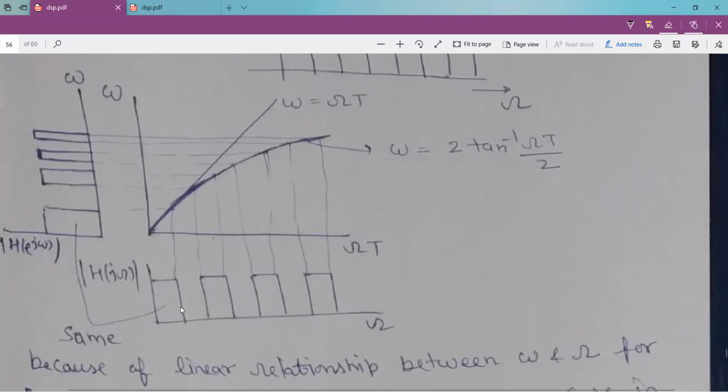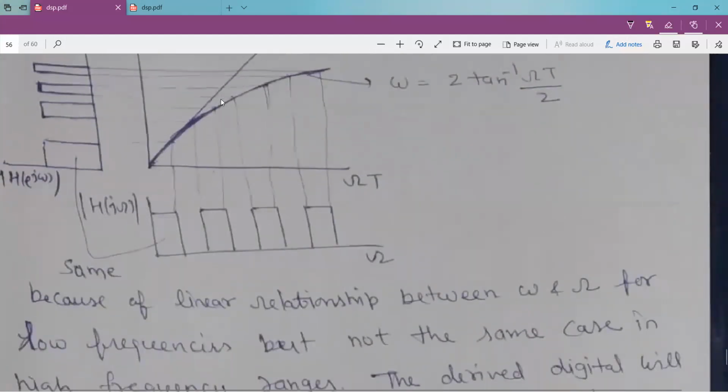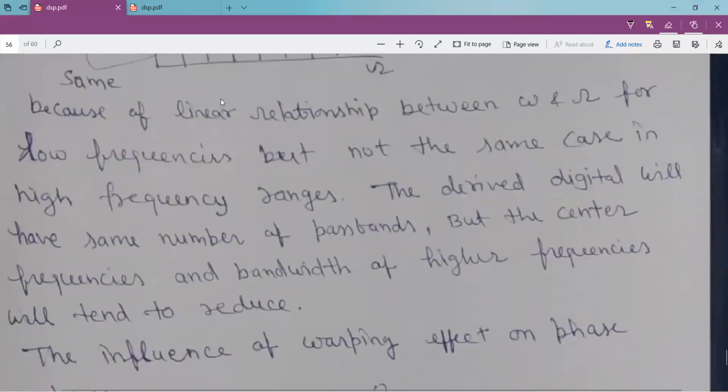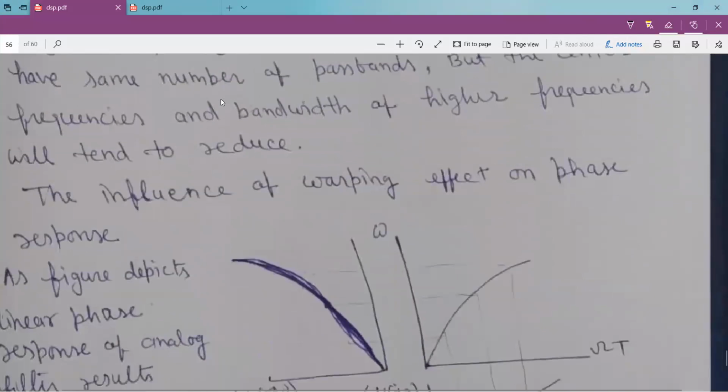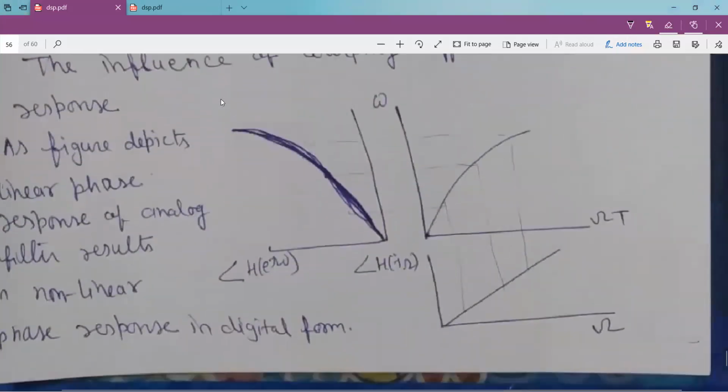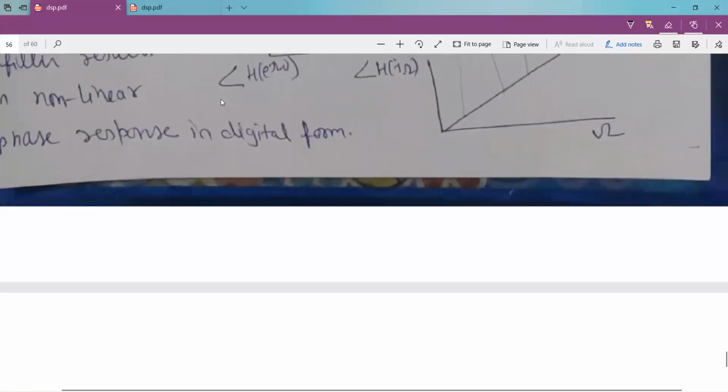Here you are seeing all the bands are of equal width, but here you are seeing that the width of the bands are decreasing. This effect is a nonlinearity effect and termed as warping effect. So to avoid this in bilinear transformation, we will use the pre-warping.